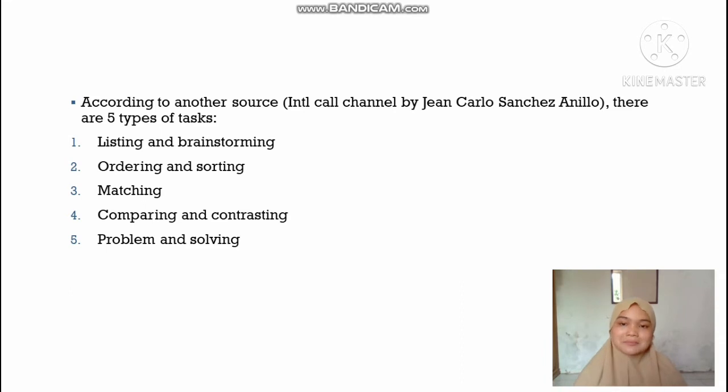And the last, problem solving. In this activity, the students have to find or give a solution to a problem.